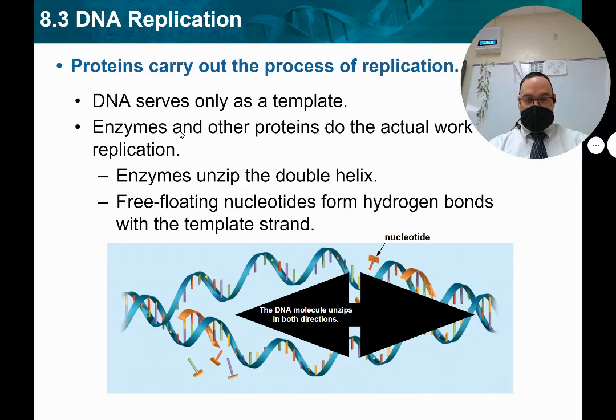So DNA is a template, right? It gives you the information you need in order to make the new copy. As a template, what is really neat here, what works really well, is that you can make a copy of the top half and of the bottom half at the same time.